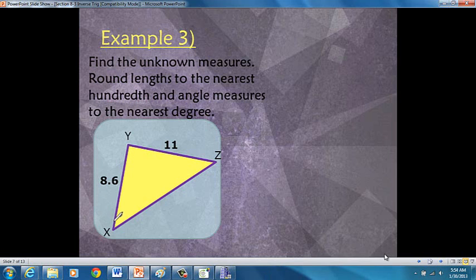I'm just going to pick a place to start, and I'm going to start with angle x. Using angle x, I see that my opposite side is 11 units, and my adjacent side is 8.6 units. Remember, SOHCAHTOA tells us that if you're using opposite and adjacent, we'll be using the tangent function. But since I'm looking for my angle measure, I'm going to use the tangent inverse.